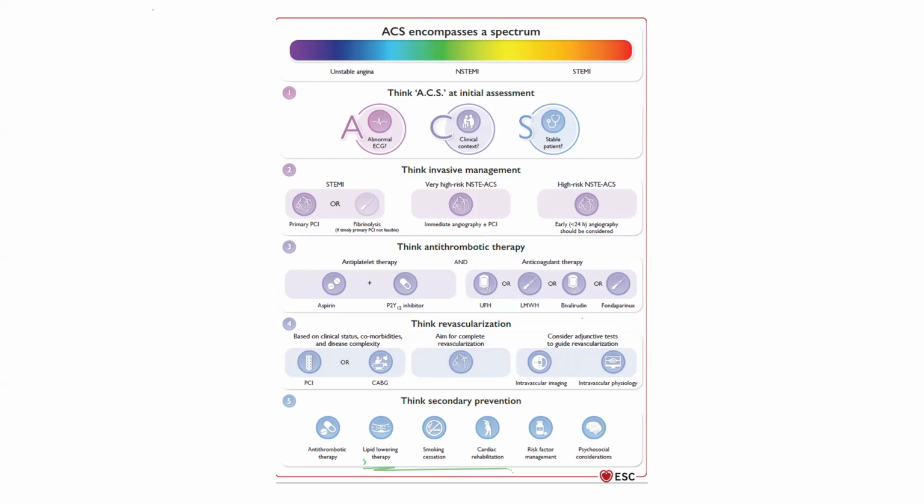If the facility is within 120 minutes, you do not thrombolyze, you send for the primary PCI. If the person is very high risk non-ST elevation ACS, based on the risk stratification we mentioned earlier, then you treat the patient just like someone who has had a STEMI. If the patient is high risk, then it means that the patient has to have the coronary angiography with possible PCI within 24 hours.